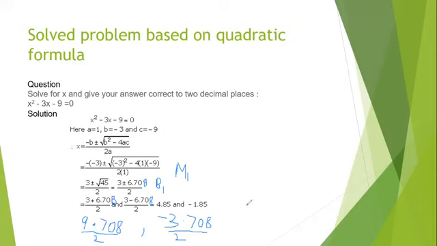I have intentionally not written these steps so that you will remember in the exam that this step is also compulsory to write. And before writing the final answer, whatever you are getting on dividing this, you will get 4.854.